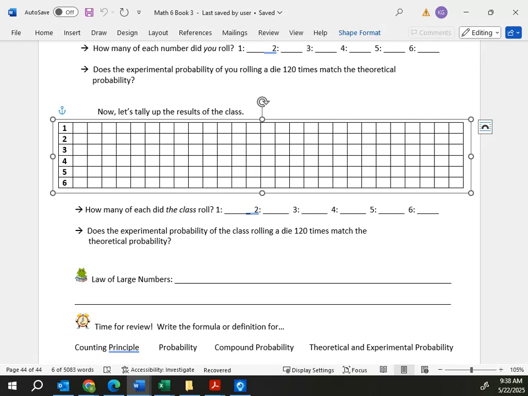I wrote 15. Oh, I just lost my head. Ellen, did I get your table yet? What did you say?